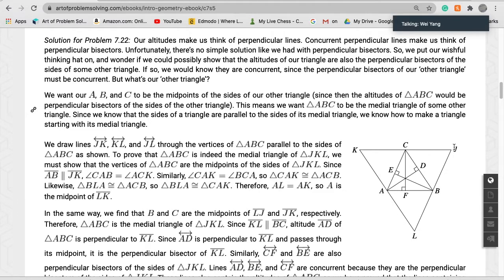K, L, J. Now here we try to prove triangle CAK is congruent with ACB. So how do we prove these two triangles are congruent?